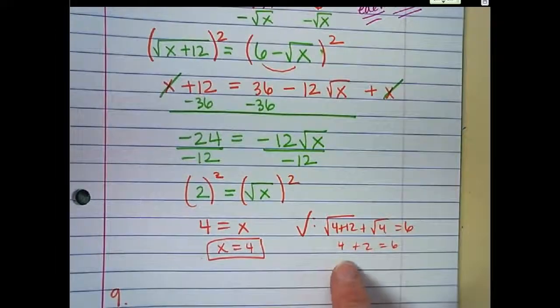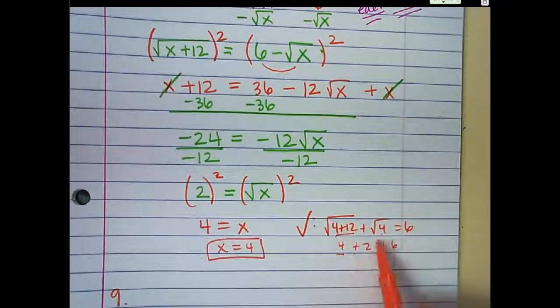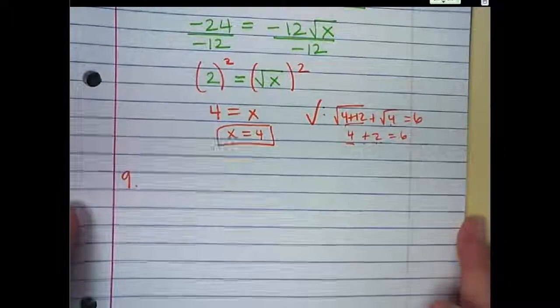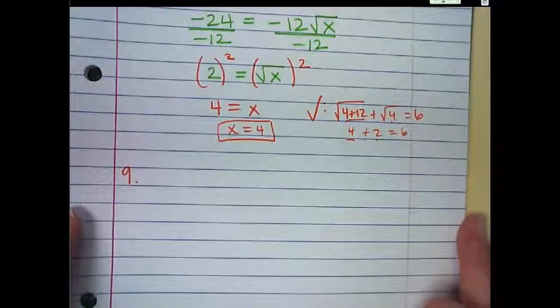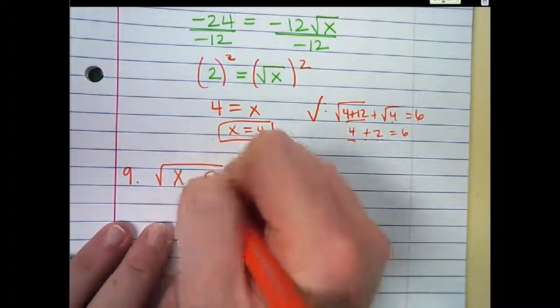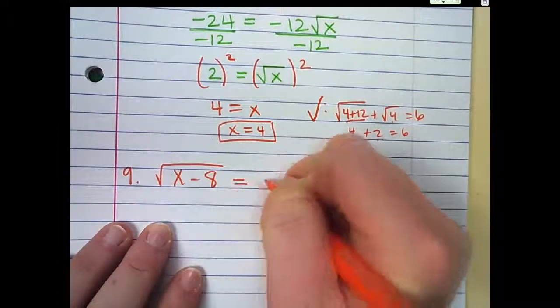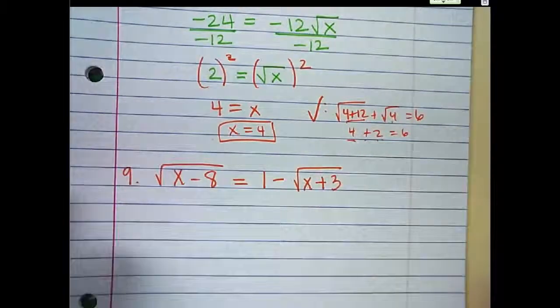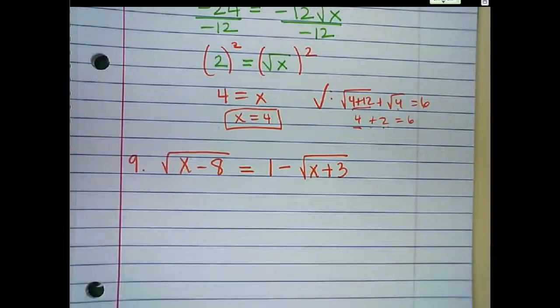Right here? Are you here checking it? Square root of 16 is 4, plus square root of 4 is 2. Okay, last one. Yeah, we'll do this last one.